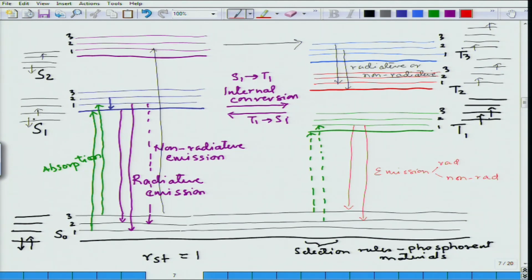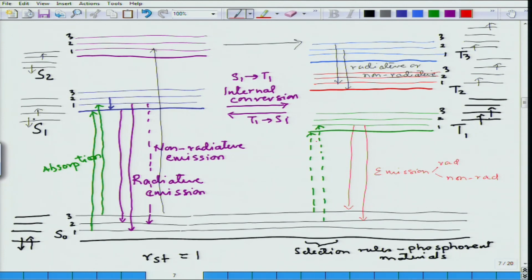Now, it is typically that when one has to go from the triplet state to the ground state, the spin has to cross over from being parallel to being anti-parallel for the ground state, and that is more difficult than singlet to singlet transition. And generally then the decay constants, the decay times are much longer for the triplet to singlet transition.